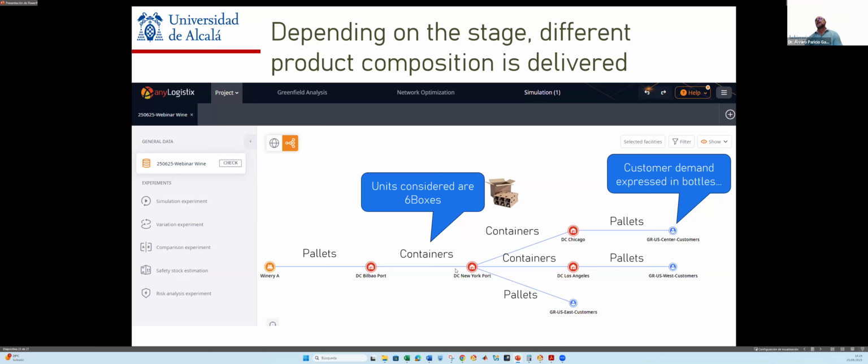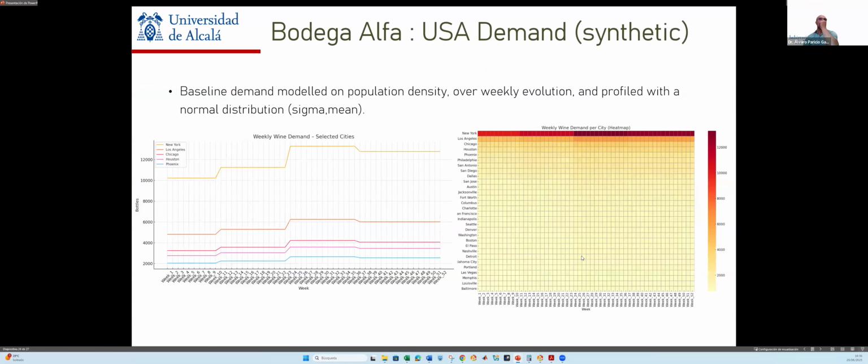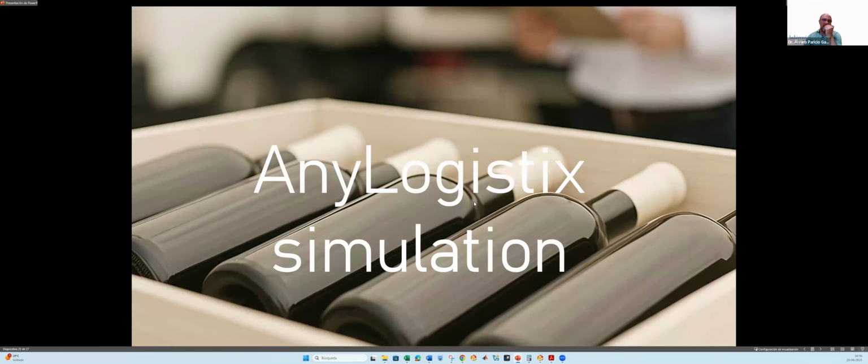The containers are moved to the distribution centers, and from the distribution centers, we're moving again pallets to the end customers, but all the demand is expressed in boxes. Our demand is modeled like this. So we have a weekly demand, but we simplified the simulation with normal distributions around the mean and the sigma and the variance for the customers.